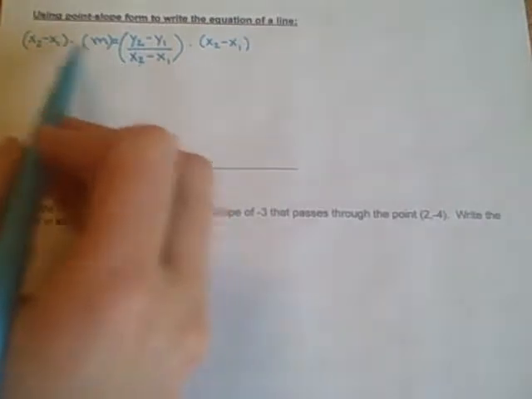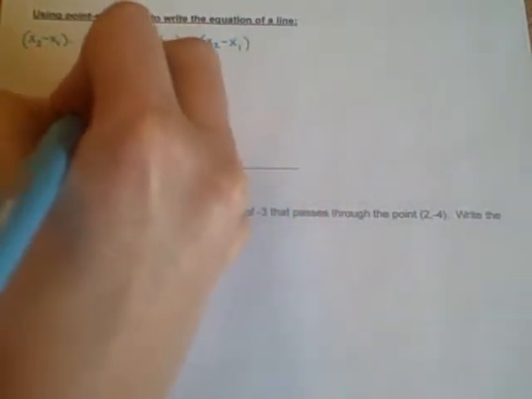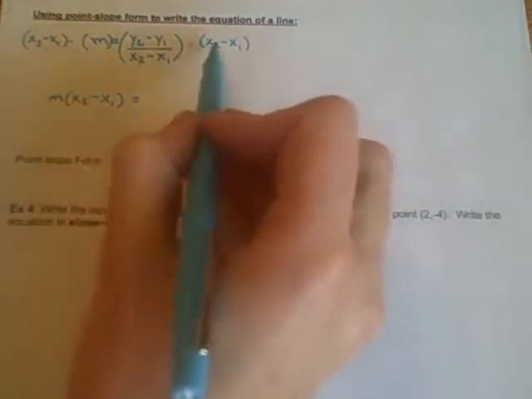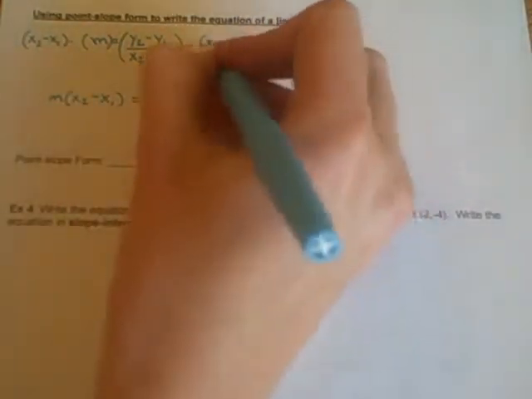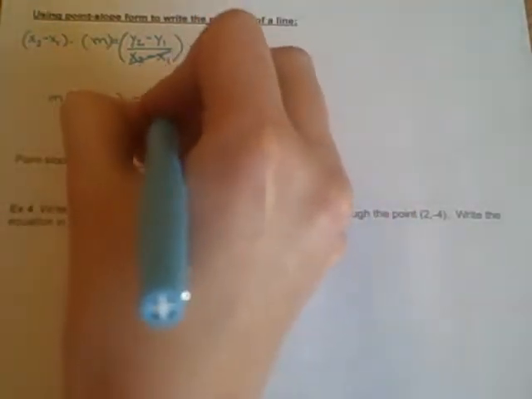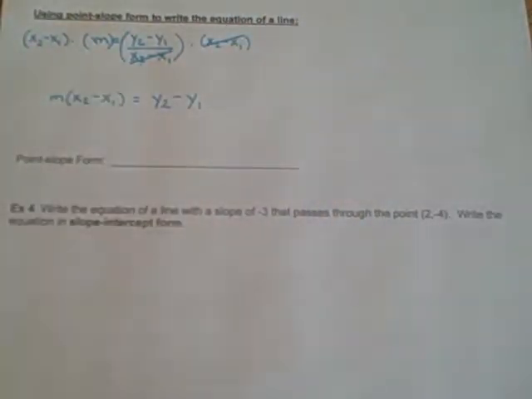And so on my left-hand side, I'm going to end up with m times x2 minus x1. I'm not going to distribute the m yet. I'm going to leave it out front. And on the right-hand side, the reason I multiplied by the denominator is it's going to divide out. So on the right-hand side, I'm left with y2 minus y1.